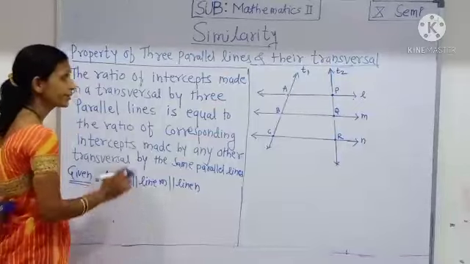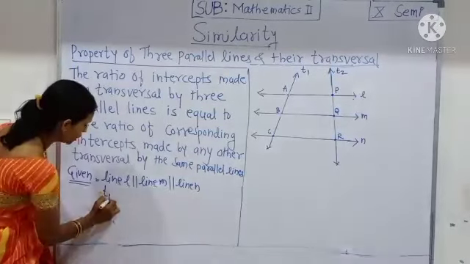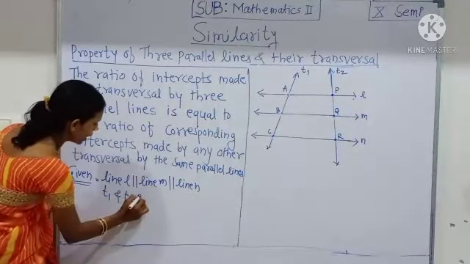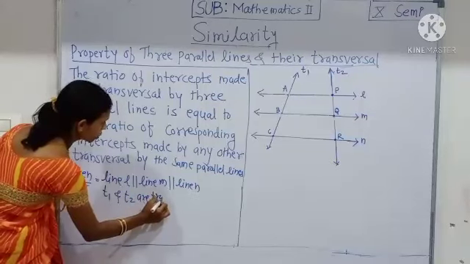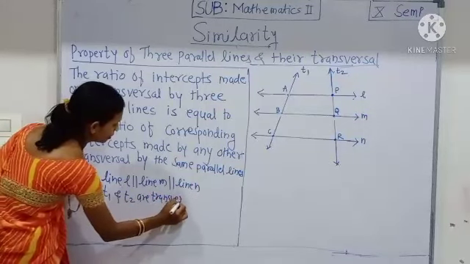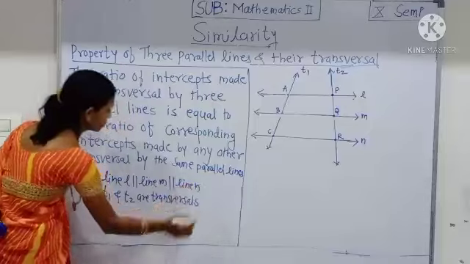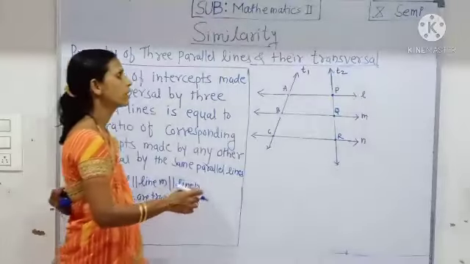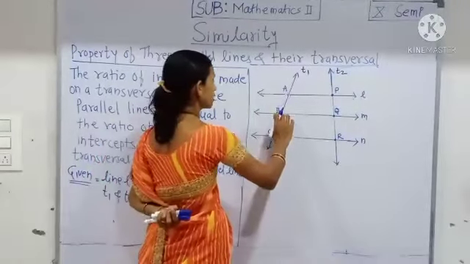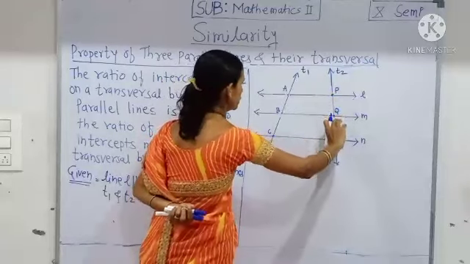T1 and T2 are the transversals on which intercepts are formed.